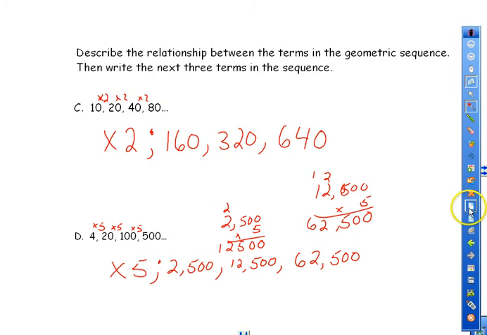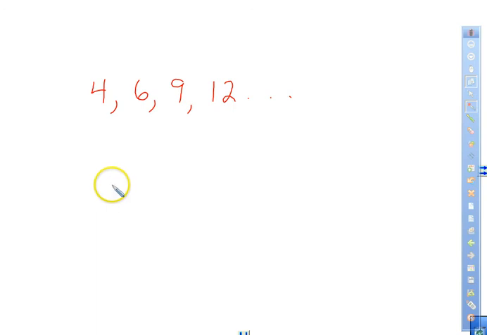Now, one thing I do want to point out, if you were to, for example, have 4, 6, 9, 13, and so on, we're going to look for a pattern for this. 4 becoming a 6 is plus 2, and 6 becoming a 9 would be plus 3, and 9 to 13, I changed this to a 13, is plus 4.